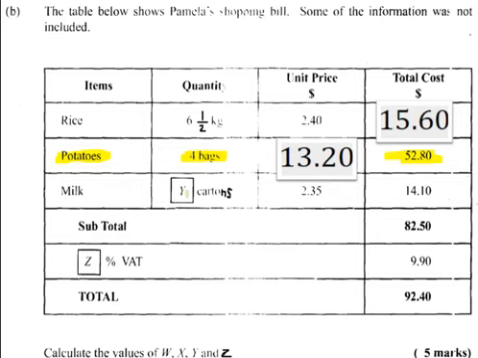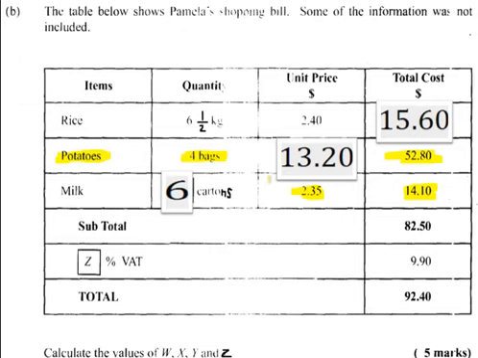Remember, what we're doing, multiplying quantity by unit price to get total cost. So, if we need the quantity, all we need to do is to take the total cost and divide it by the unit price, and therefore we're going to get, ta-da, 6 cartons. So they actually bought 6 cartons of milk.